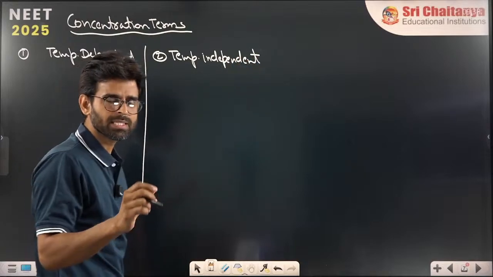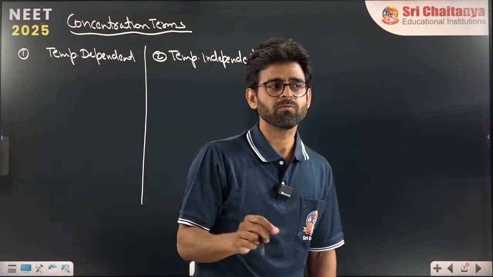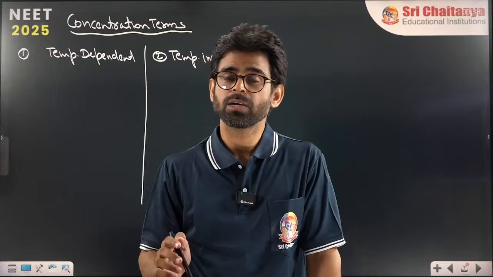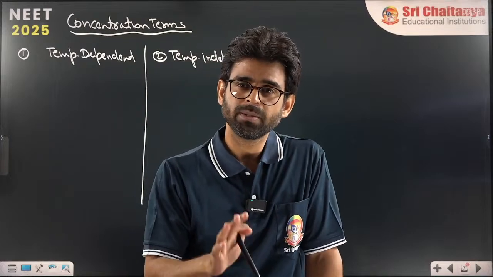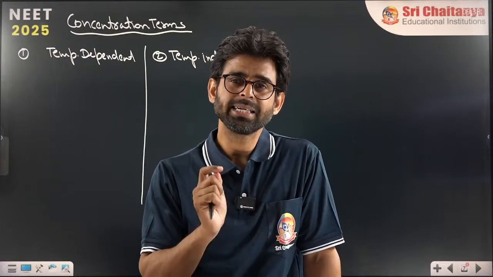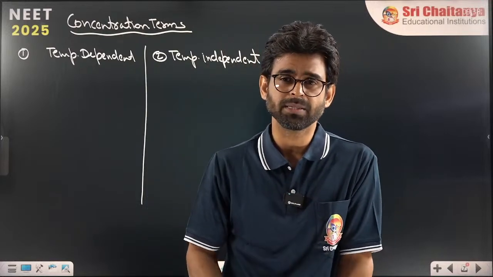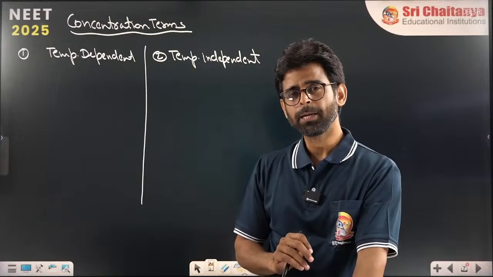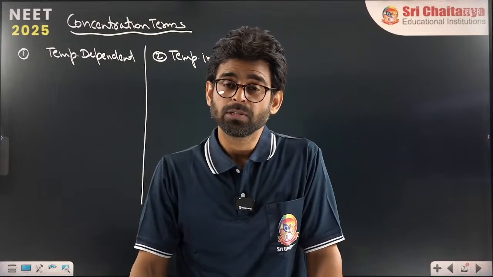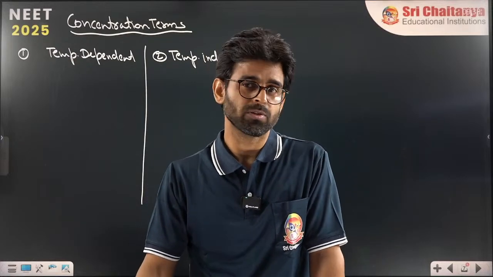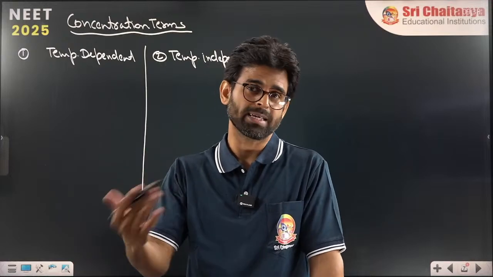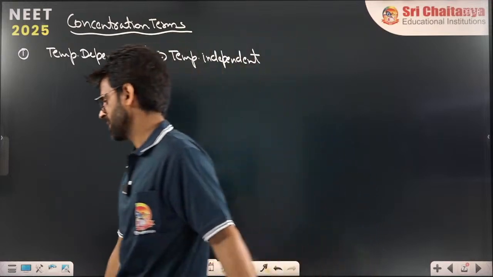Any concentration term which includes volume will be temperature dependent, and any term in which only mass is given, no volume is coming, is temperature independent, right? Why? Because you know that volume depends on temperature. If volume will be affected, then the term will be affected, right?